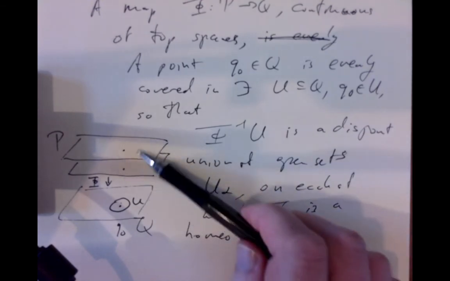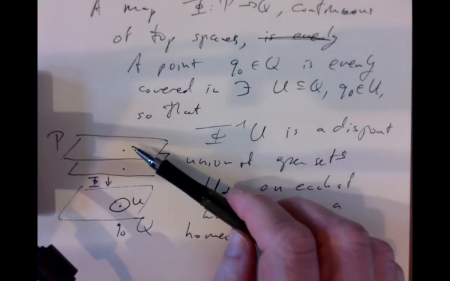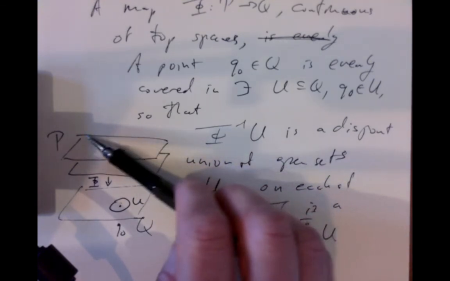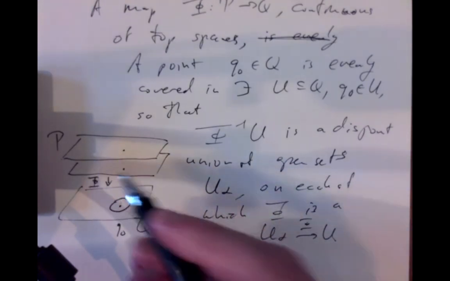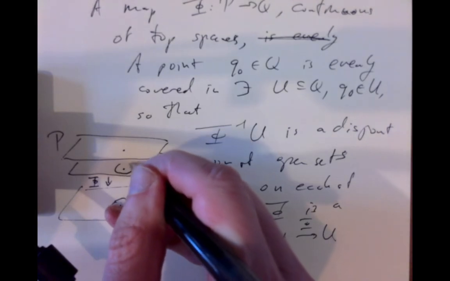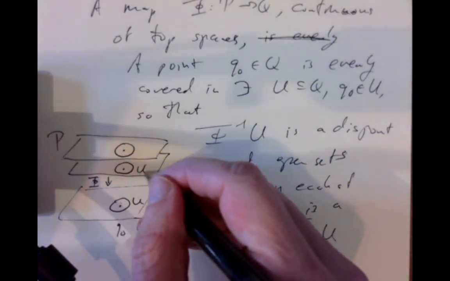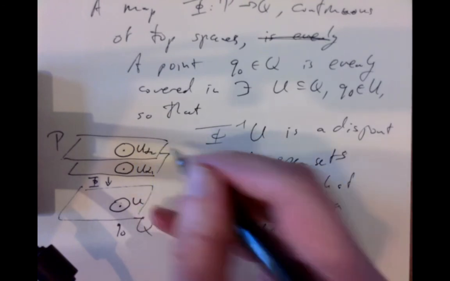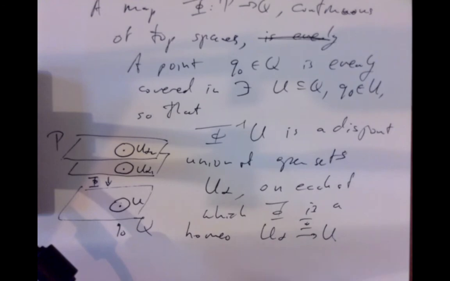So that's a simple picture that we can have for maps, and it's a helpful picture to think about maps as being some kind of shadow picture. So we have all these layers of P, and they map down to Q. This set U here then has some preimage up in P, which is something like this, and its copies. There's some U alpha 1 and there's some U alpha 2, and each of the U alphas is mapped perfectly by homeomorphism.